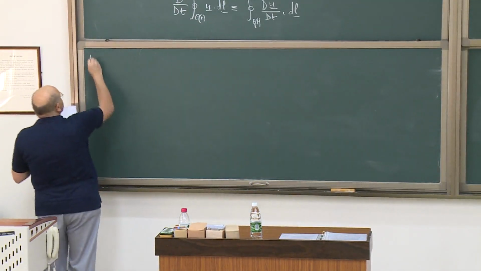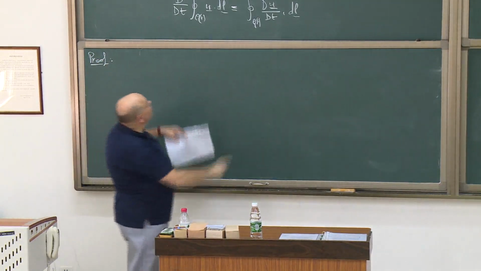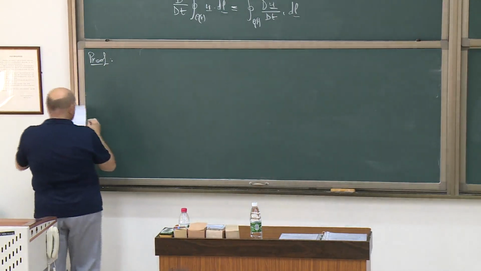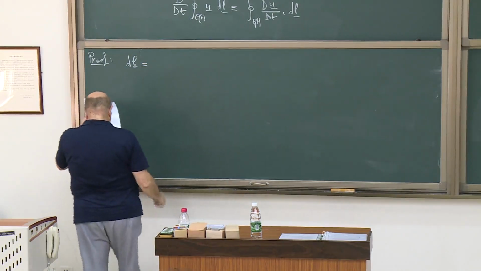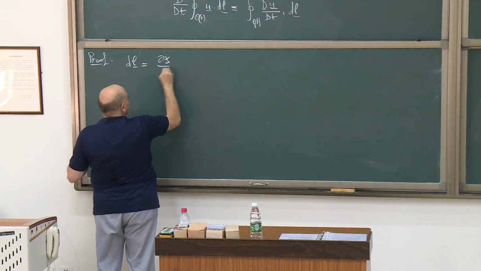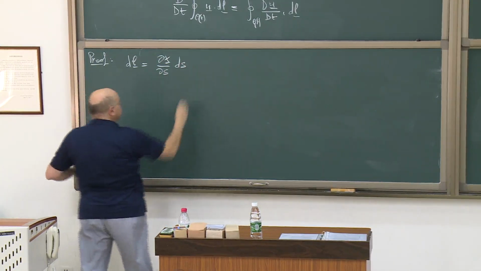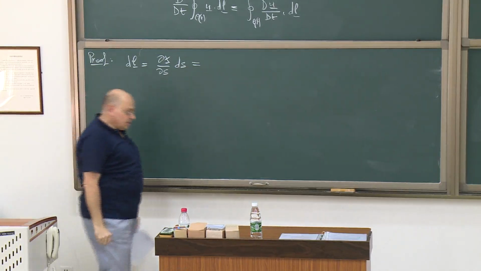Okay, the proof is simple if you reconsider circulation in terms of arc length. So in terms of arc length, dl becomes, by definition, dx/ds along the arc length ds, and we may take s arc length exactly.